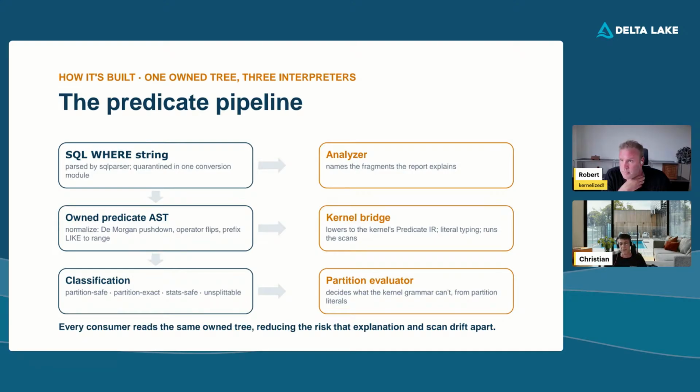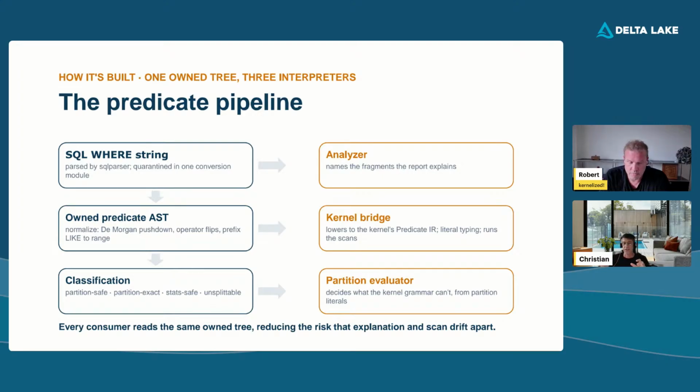That's really the AST of delta explain. Then over this AST different things happen. There are three interpreters which use this AST and convert it for their own usage.